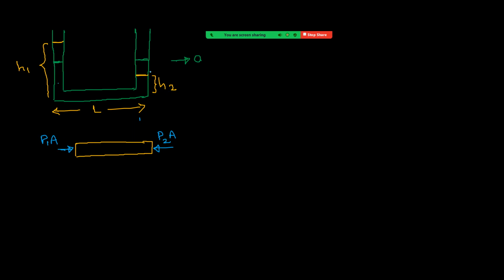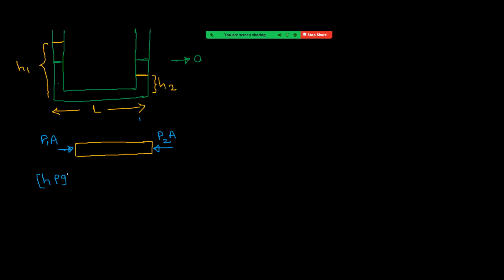If it is raised in the right part, it has to come down. Okay. So I can write here P1 minus P2, P1 is H1 rho g, P2 is H2 rho g. So P1 minus P2, let us take it as this is H rho g.